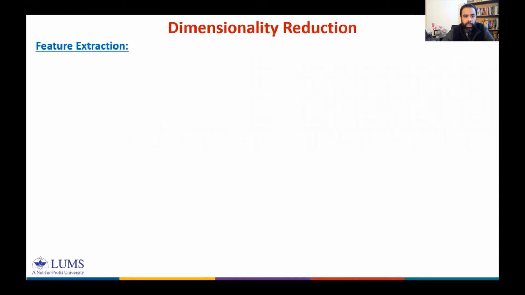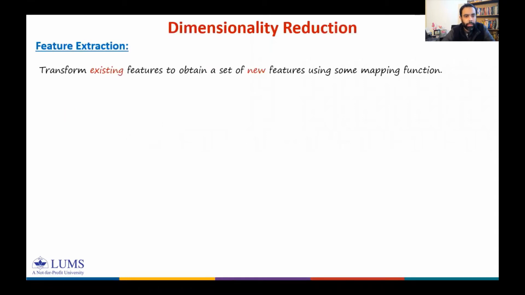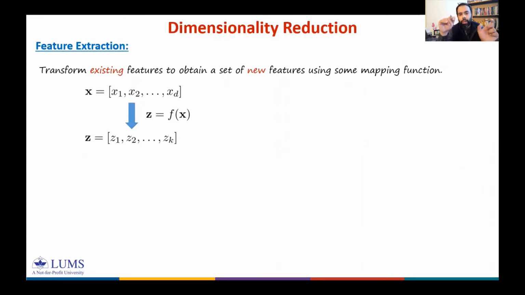Okay, let's talk about feature extraction in general. So we defined this notation in the previous video, that we have d number of input features, and using a mapping function f of x, we want to obtain a new set of features z1, z2, up to zk. So given d existing features, through a mapping f of x, we want to obtain k number of new features, right?